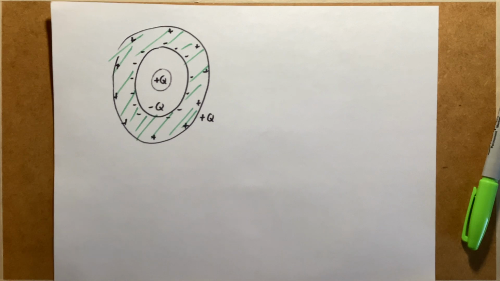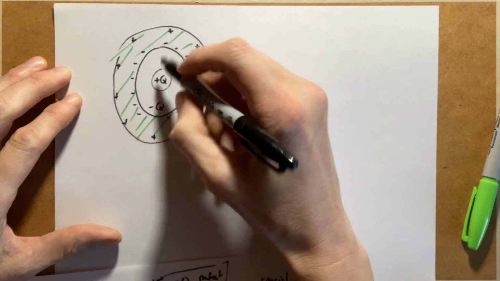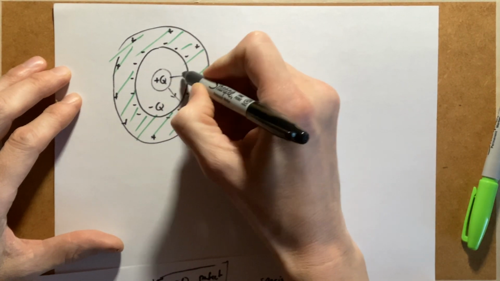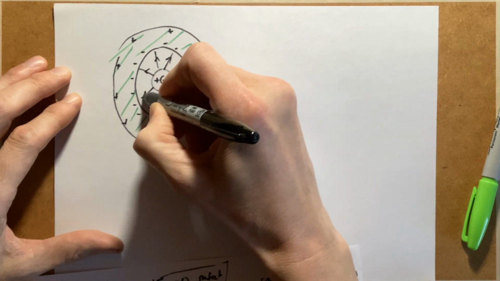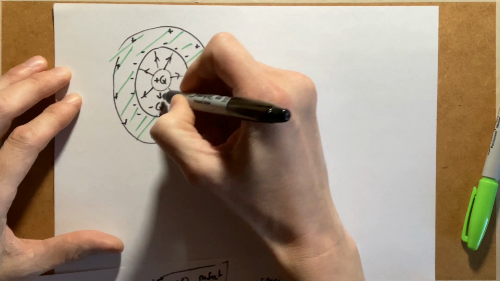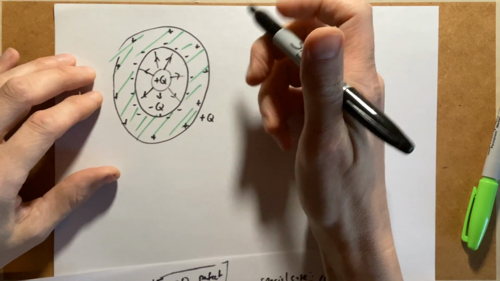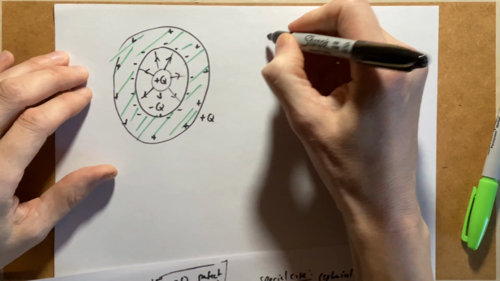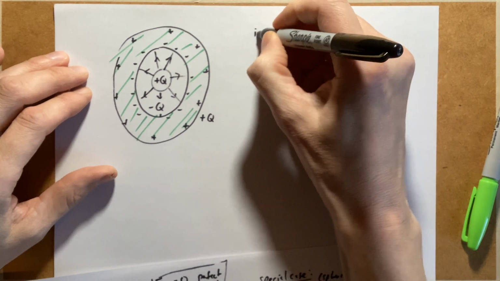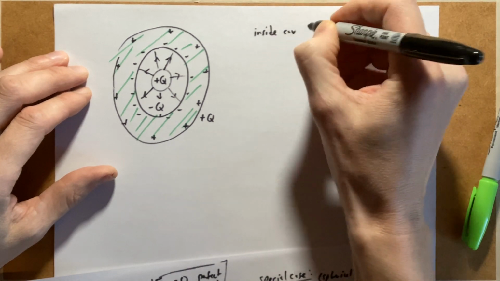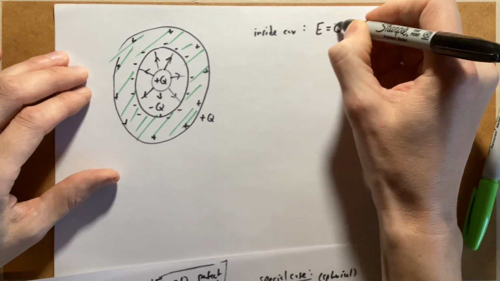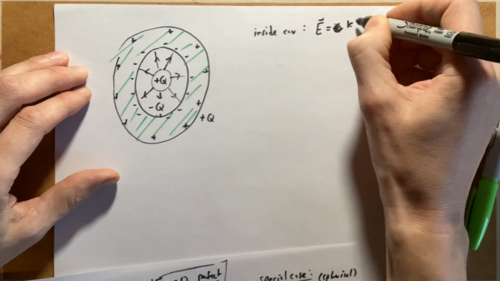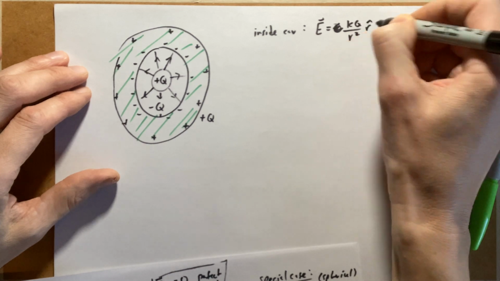And let's take a look at the net field. Well, on the inside of the cavity, it's just that of the point charge, like so. You haven't picked up any other enclosed charge yet, so inside the cavity the electric field is, oh sorry, not 0, just KQ over R squared.